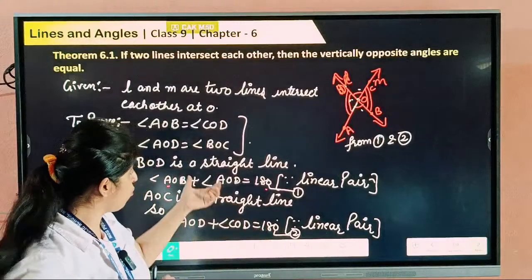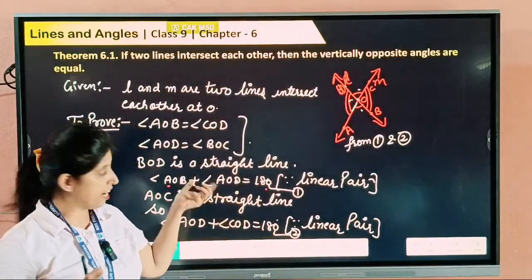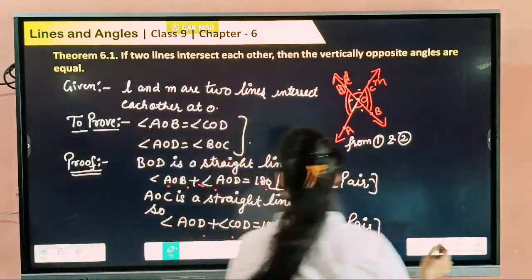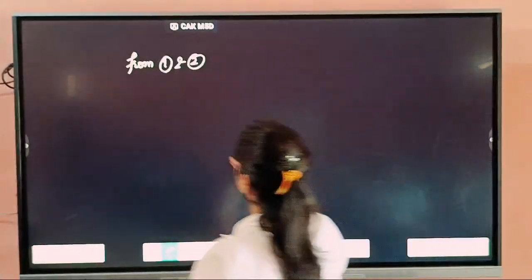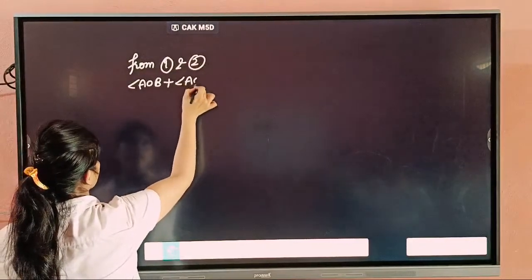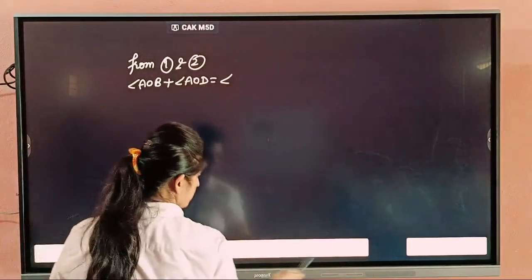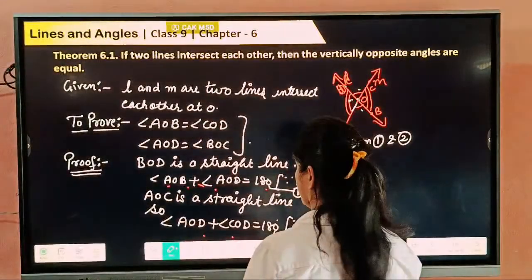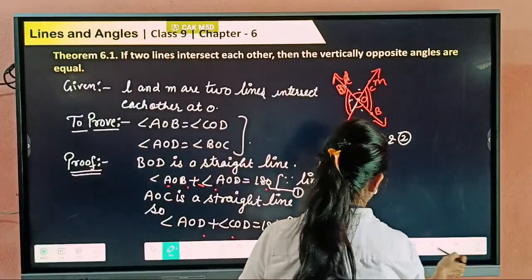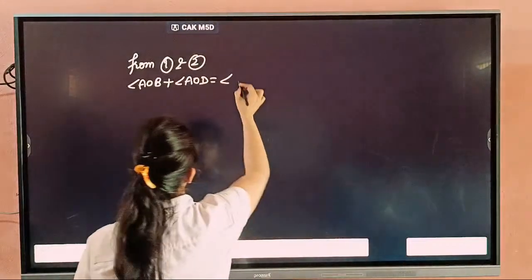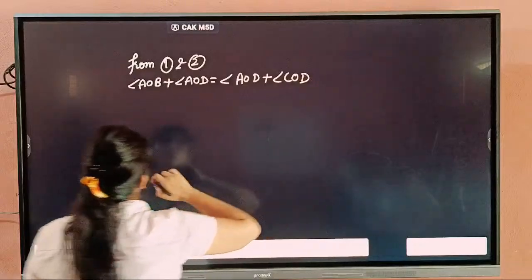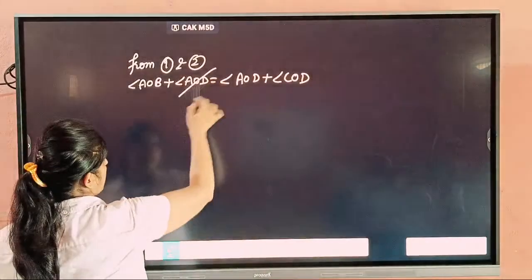This side and this side are equal. Now look, from both sides AOD and AOD will cancel.